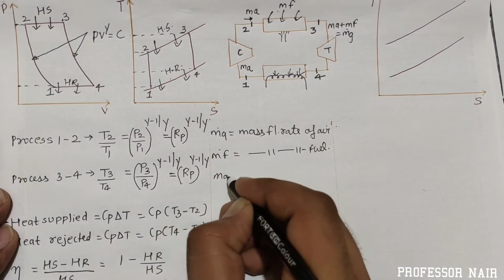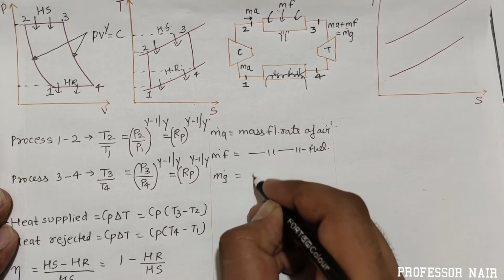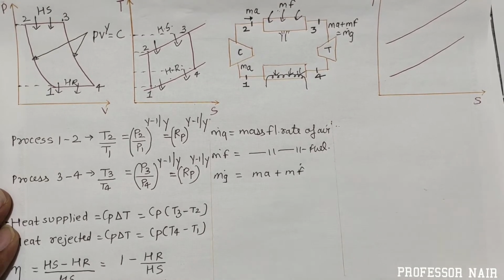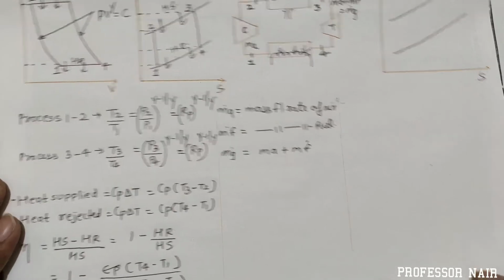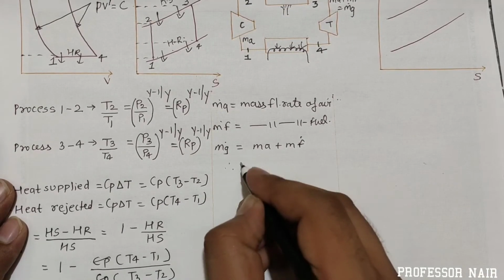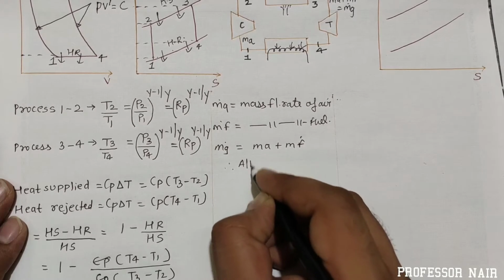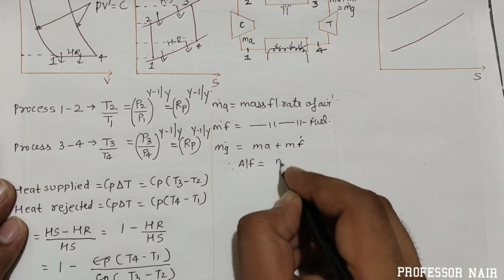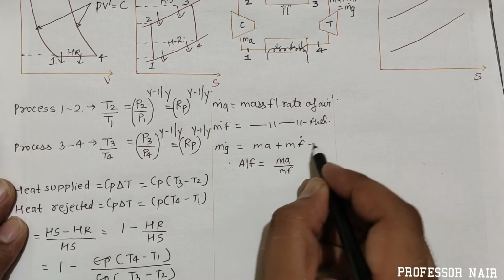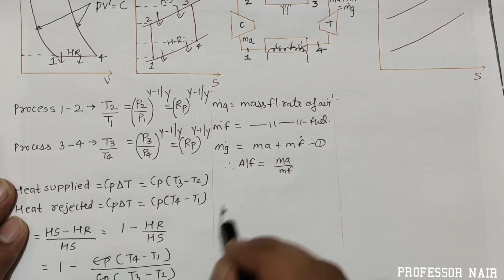Okay, so this would be important here, dear students. mg dot means ma dot plus mf dot, right? And we all know that if the air fuel ratio is given, its meaning is ma upon mf.